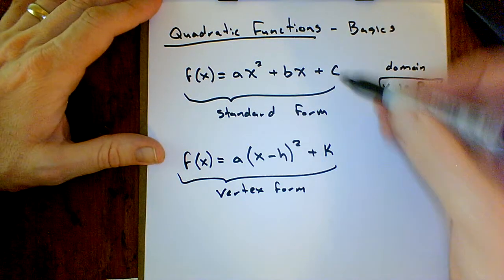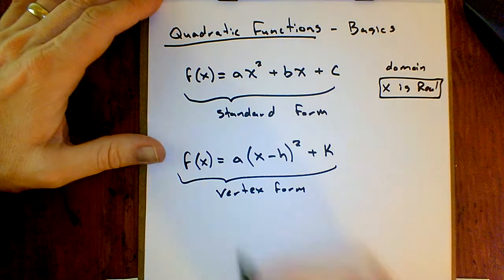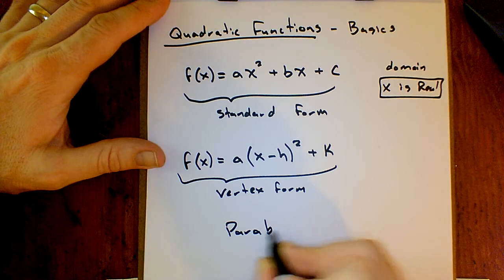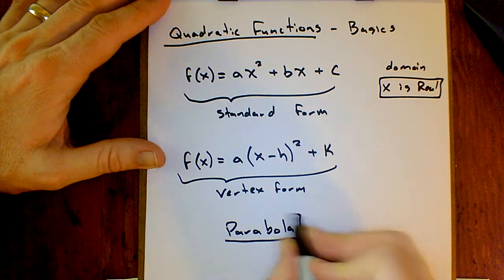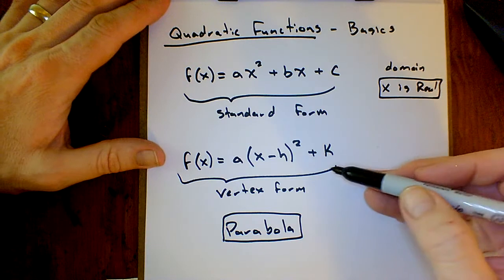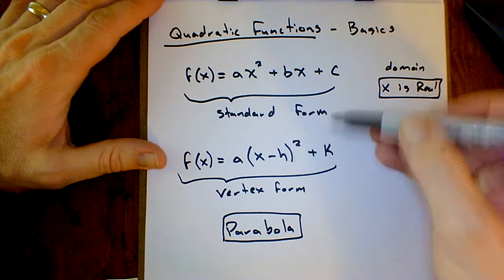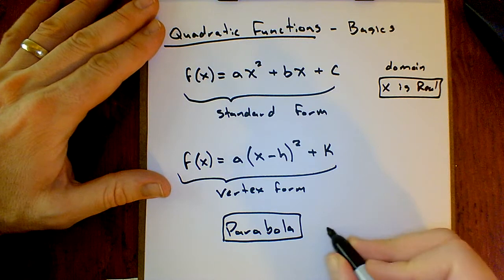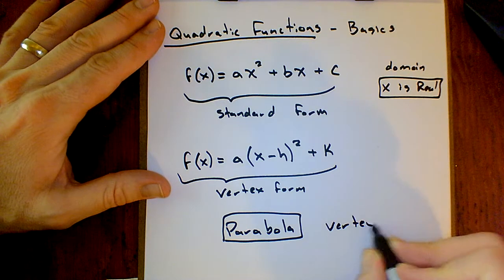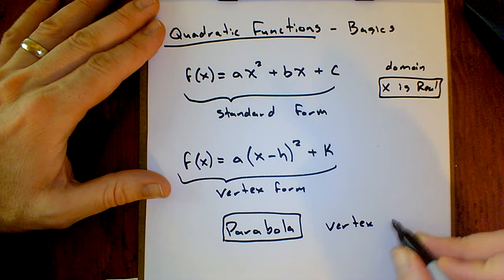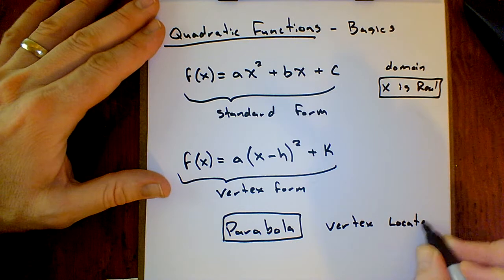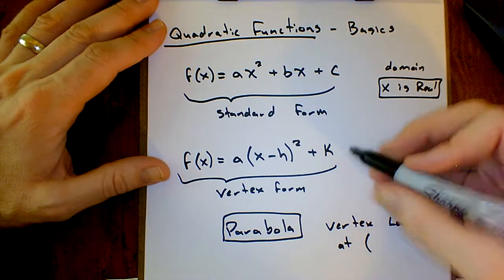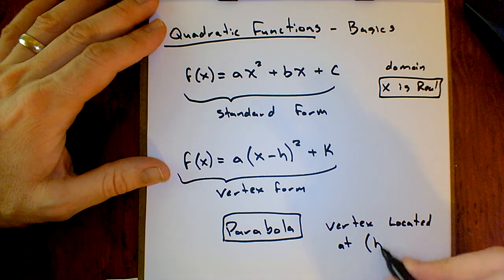So here, both of these things are going to be a parabola, and the vertex, or the highest or lowest point on this, is located at, in this case, if we use our vertex form, it would be at h and k.